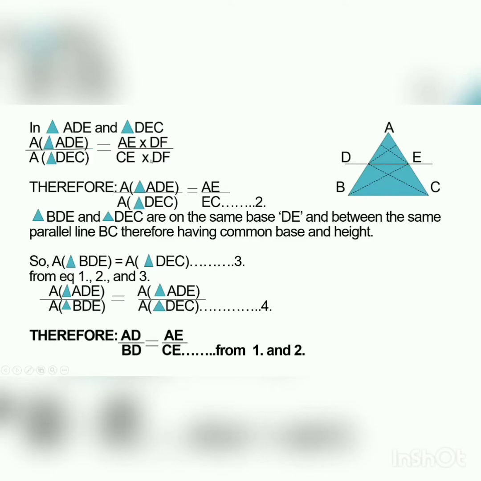Again taking the ratio of the areas, area of triangle ADE upon area of triangle DEC is equal to AE into DF upon CE into DF. Now see the figure.